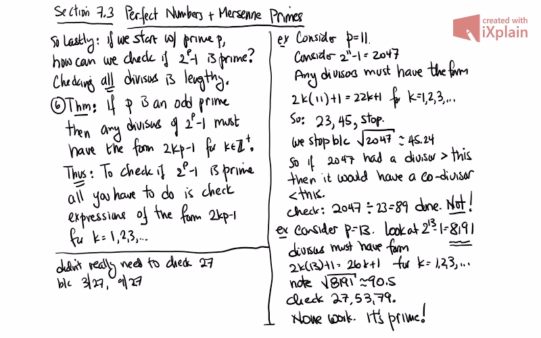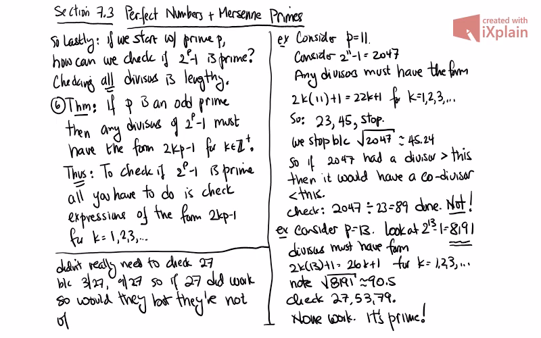So in other words, if 27 did work, so would those. But they don't have the correct form, they're not of the form 26k plus 1. And that's the end.